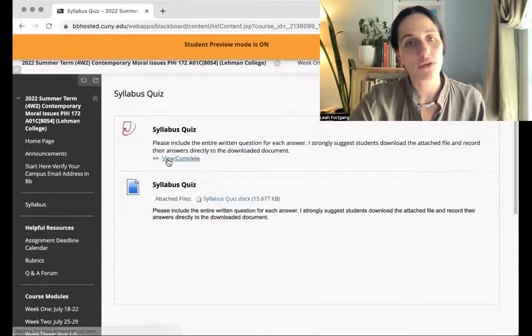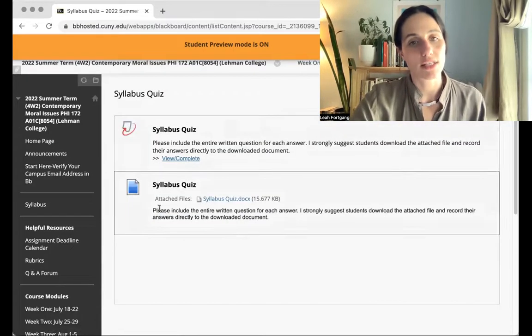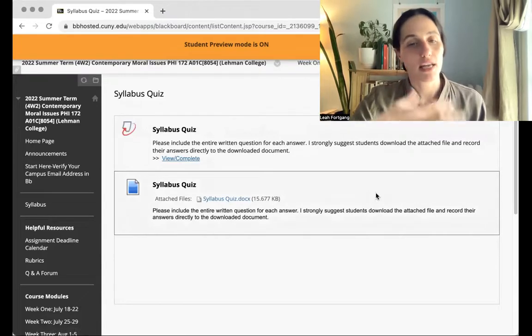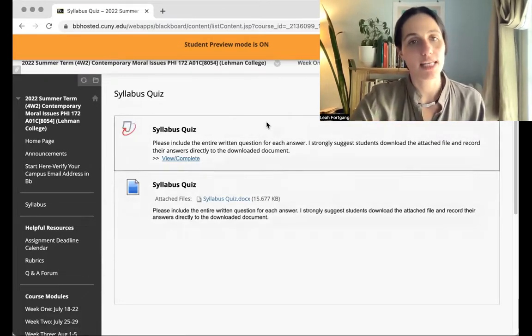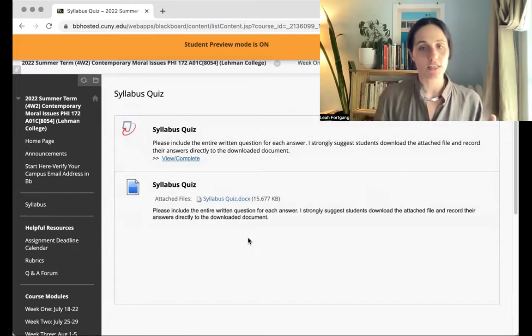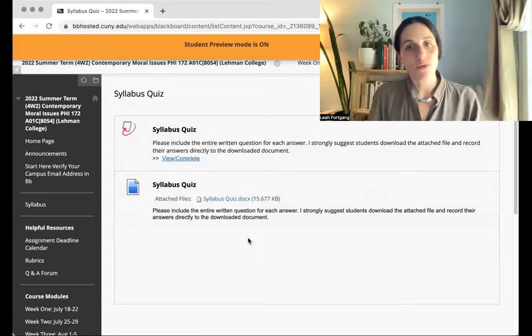When you click on the folder for an assignment, what you'll find is the document containing all the questions and so on for the assignment, as well as the place where you submit it on Turnitin. What I very strongly suggest is downloading the document. If you don't have Word, there are other ways that you can convert Word docs.